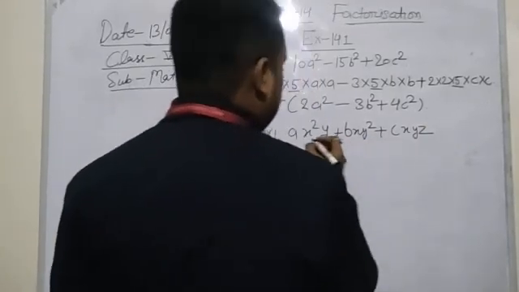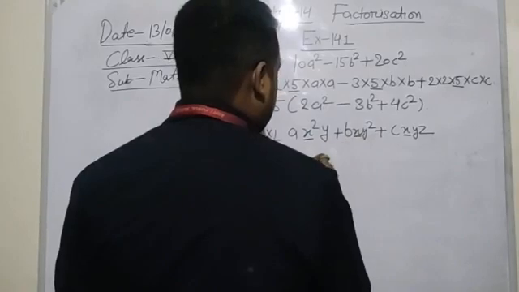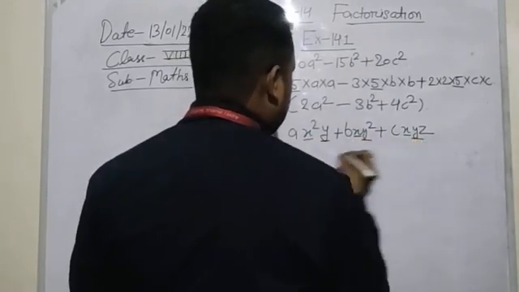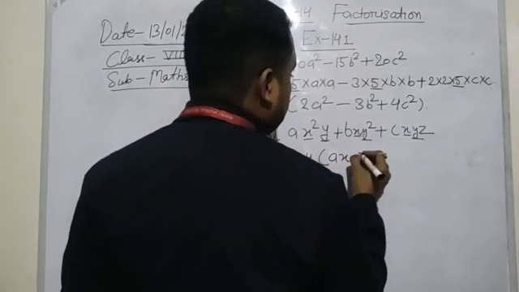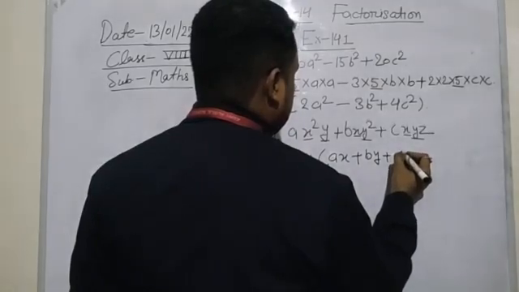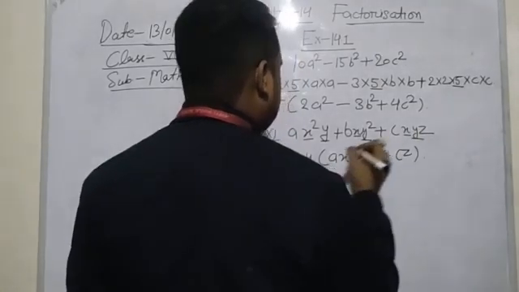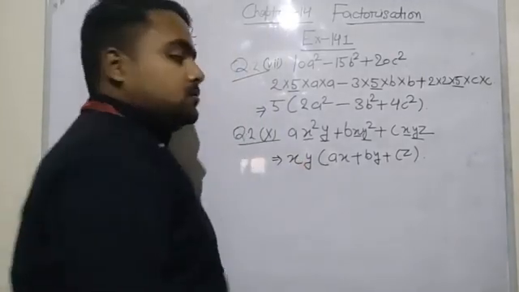So as we can see here, x is common and one time y is common. So here it is xy times ax plus by plus cz. So this is the factorization. Note down.